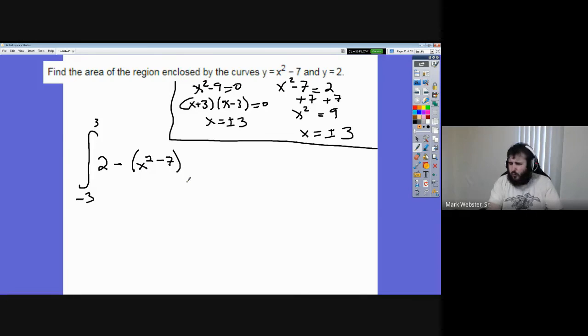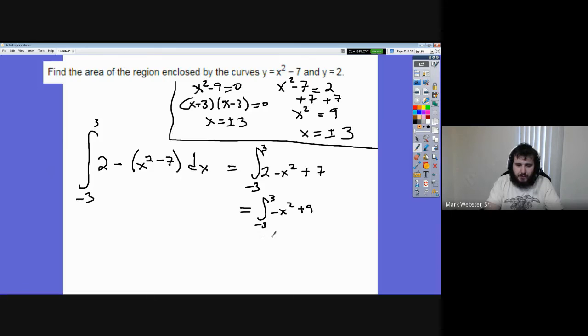But again, if you accidentally do it backwards, it's not going to kill you. You're just going to have to remember at the end to flip the sign. I'm going to distribute this so that it doesn't look so interesting. 2 minus x squared plus 7. And I'm going to combine my like terms because I want less to do. But it's your choice. You do you.